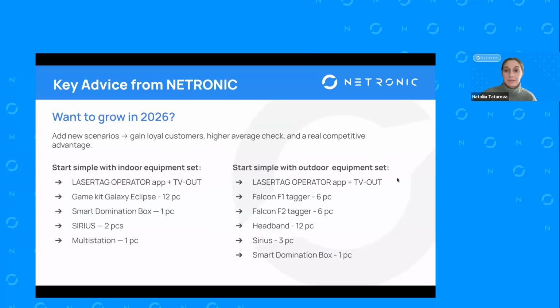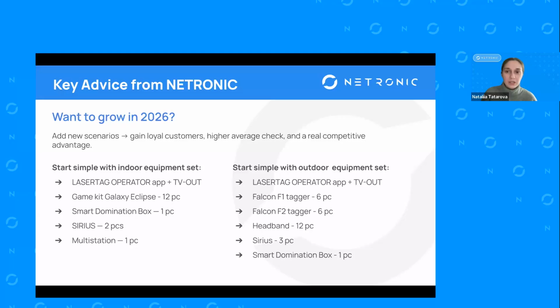So this is something that we kind of explained earlier, but just to sum it up, if you want to have simple and difficult scenarios, if you want to create your own scenarios, you would need a default minimum package of the equipment that supports that.